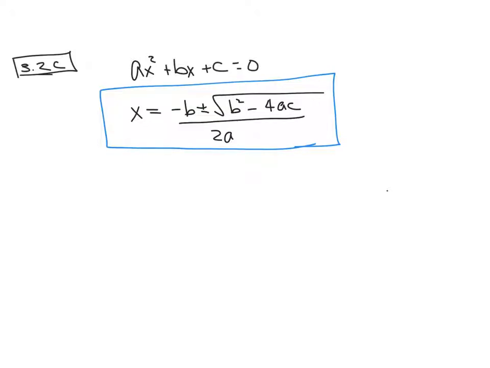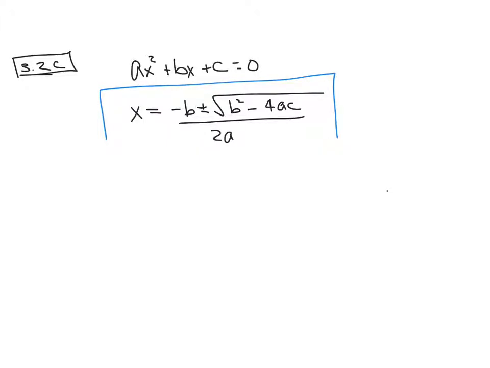So that's the quadratic formula, and what you're going to do is you're just going to put numbers in here once I give them to you. So for example, if I give you, let me erase some of this, give myself a little more room here.